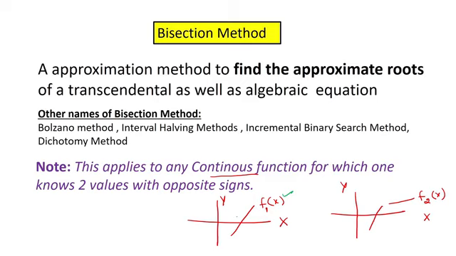Why? In a simple definition, a continuous function is one you can draw from one point to another point without raising your hand. For example, if I draw this function, I start from here, I do not need to raise my hand, and I come to this point. So this function can be drawn without raising my hand, so it is a continuous function.